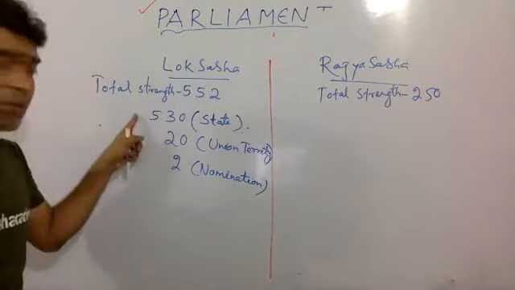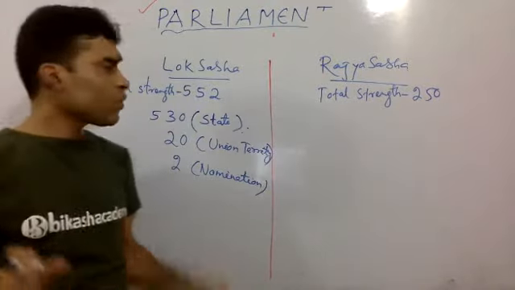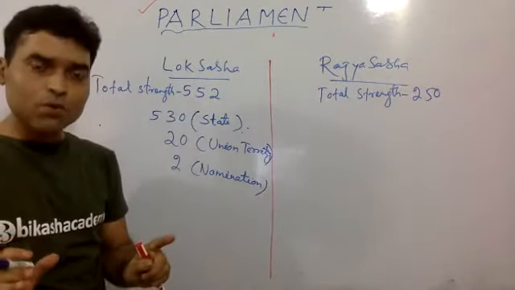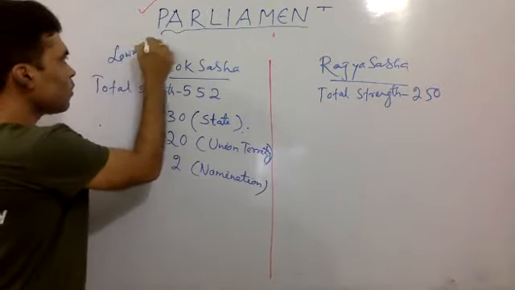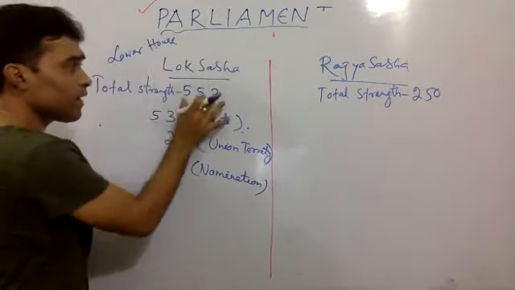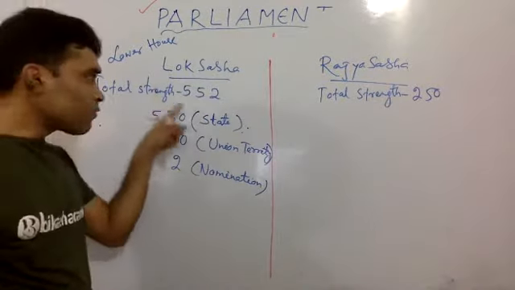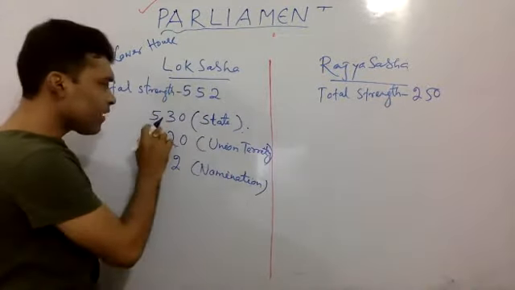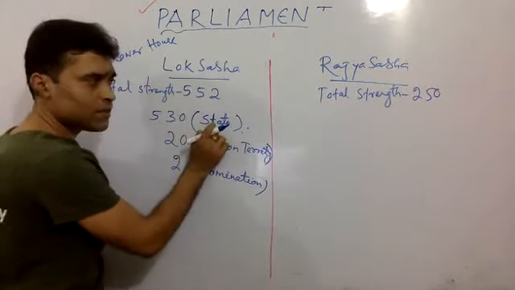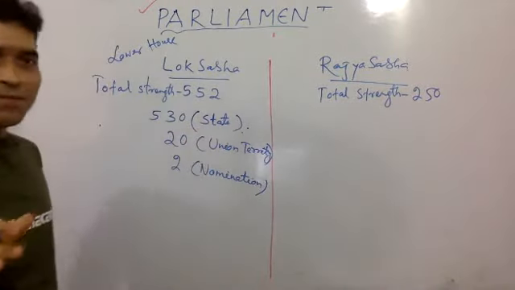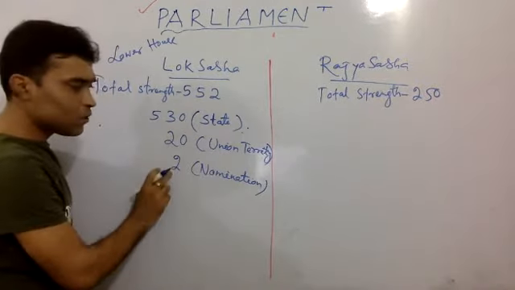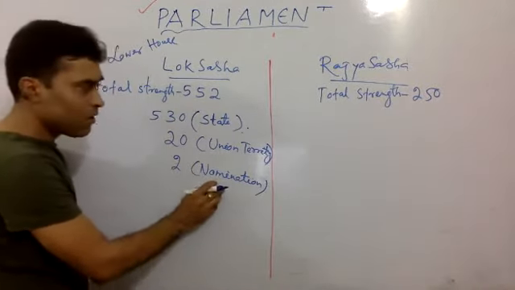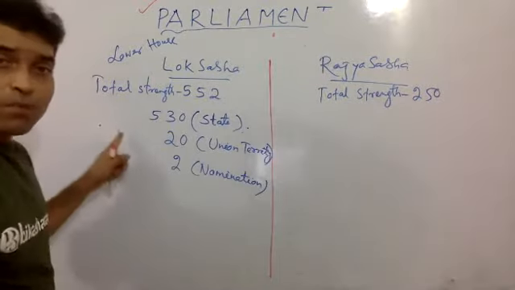You have to understand this point. First, the total strength of Lok Sabha, the lower house of Indian Parliament, is 552. Out of 552, we have 530 seats for states, 20 for union territories, and 2 for nomination. This is the point you have to remember.